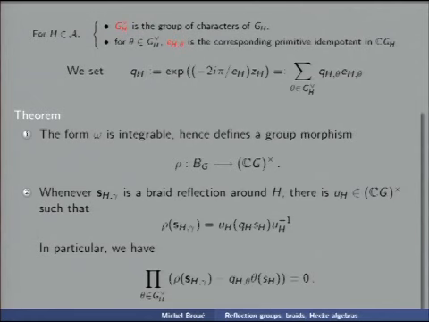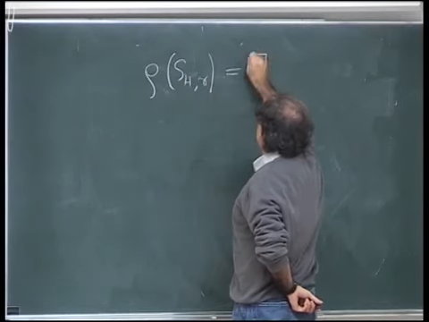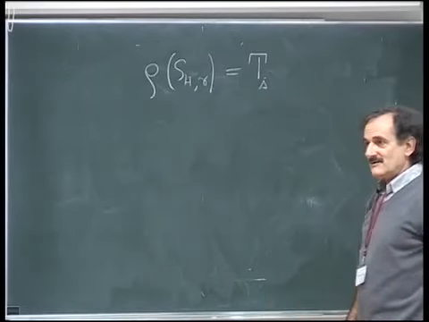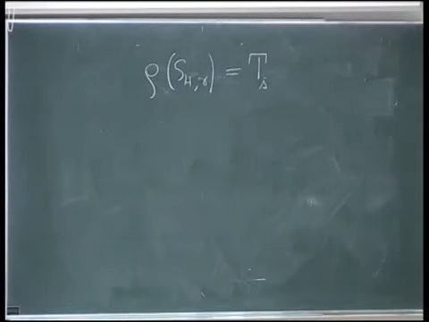Well, so what do you get? This rho of SH gamma, let me call it TS, like this. And so it satisfies an equation with 2 factors, because this group has order 2, and 2 variables here, because there are 2 characters.